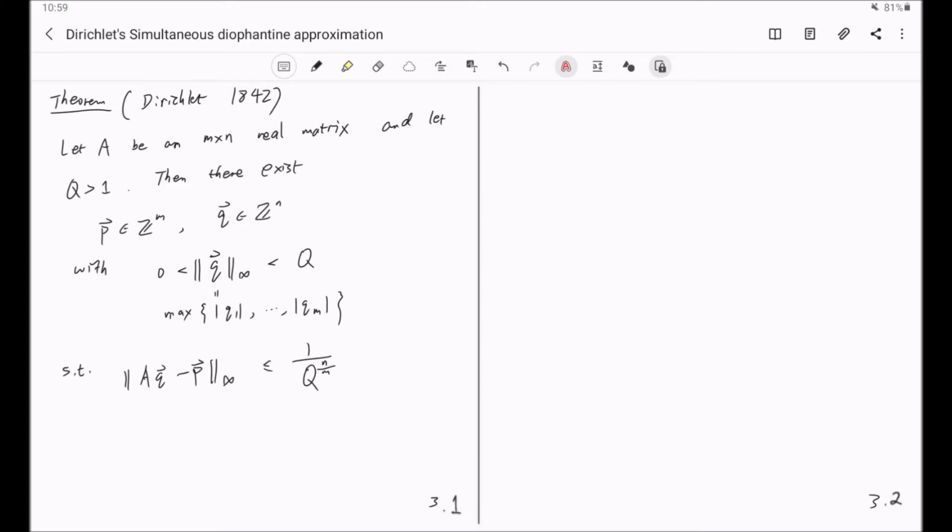This tells you can put a uniform bound for this Diophantine approximation.